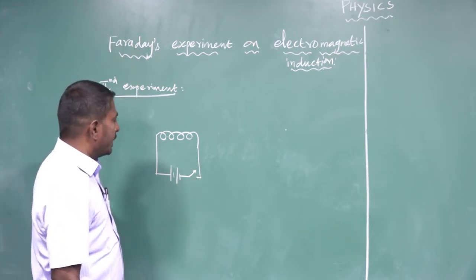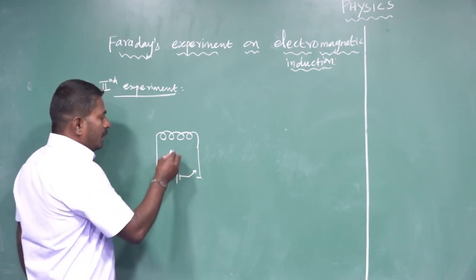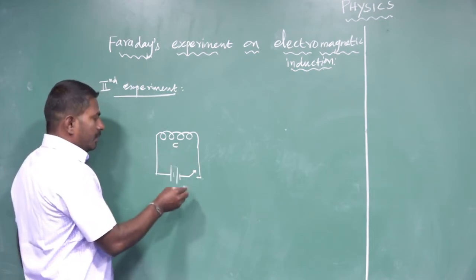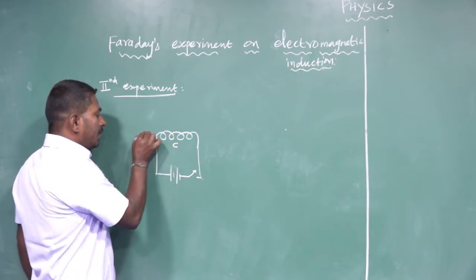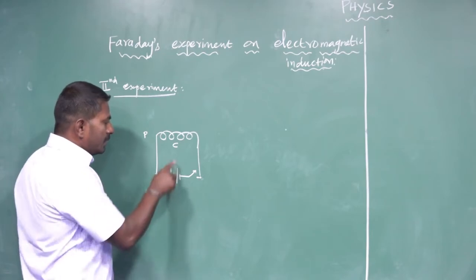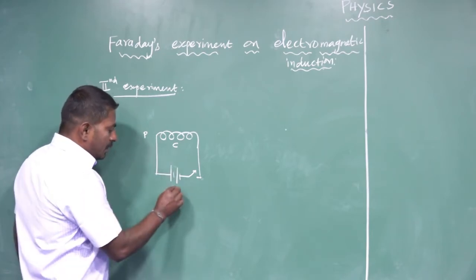This is one closed circuit, consisting of an insulated coil of wire. The coil is labelled P, which means primary coil.